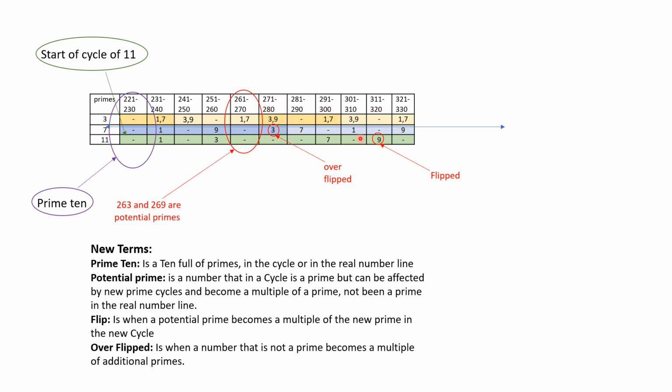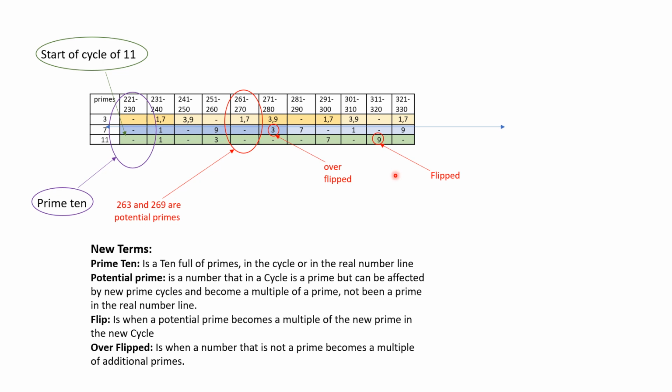Here is this one, the 9 here is a flip potential prime. When you have, for example, in the 3 and 7 cycle, no 9 there, but the cycle of 11 comes and flips the 9, the 319, that won't be a prime anymore.